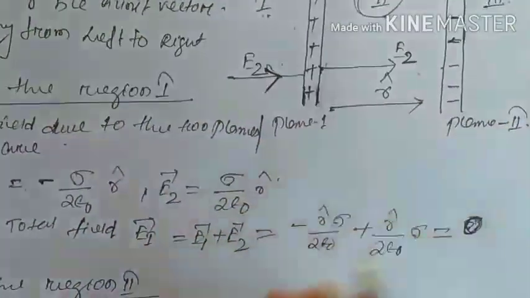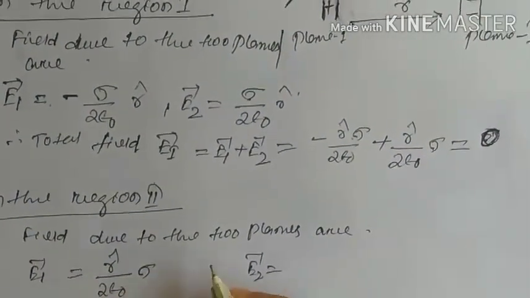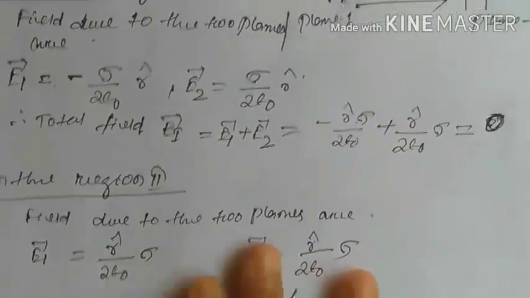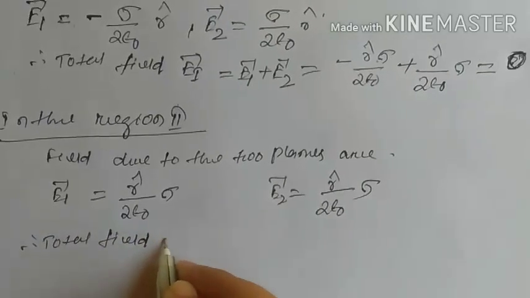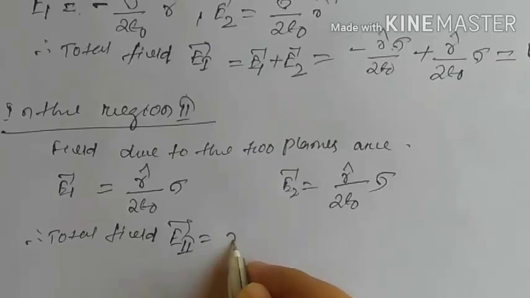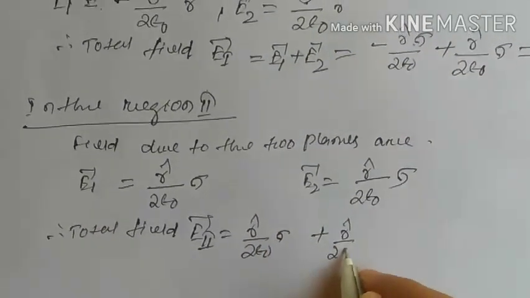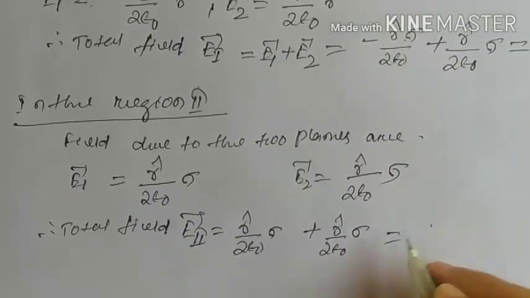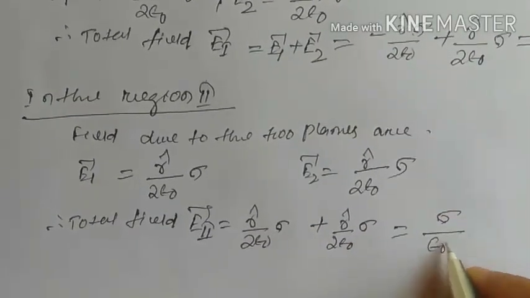Both are in the positive x direction, so E1 is sigma by 2 epsilon naught r cap, and E2 is also sigma by 2 epsilon naught r cap. Therefore the total field is sigma by 2 epsilon naught r cap plus sigma by 2 epsilon naught r cap, which is two times this, meaning sigma by epsilon naught r cap, right?